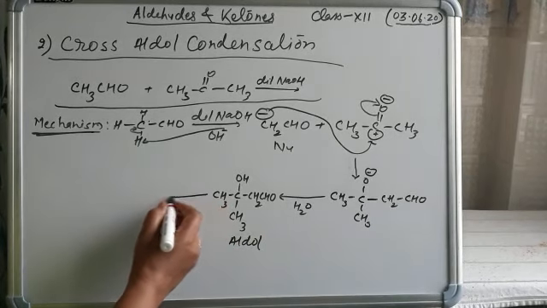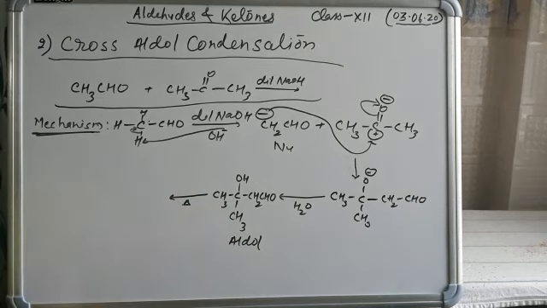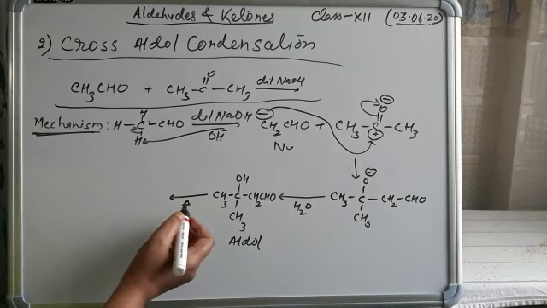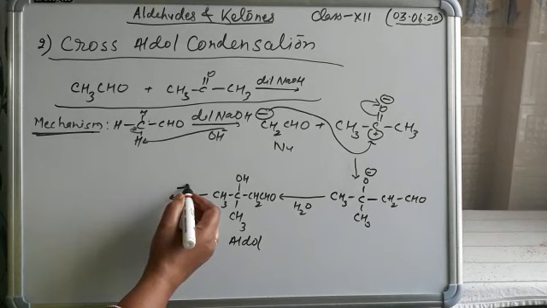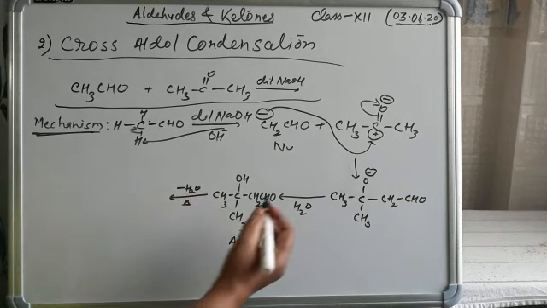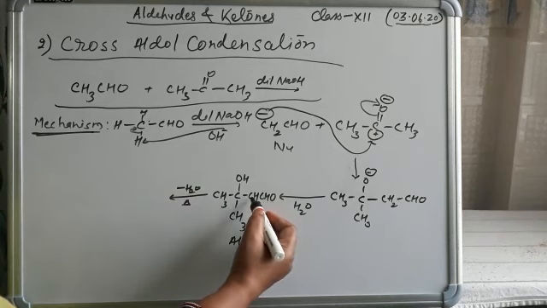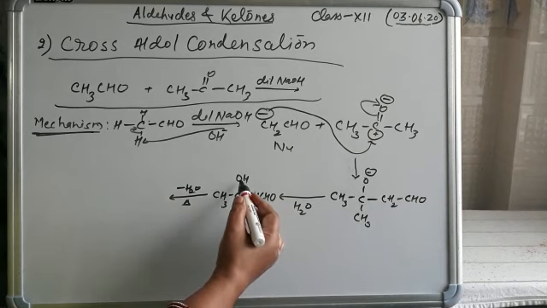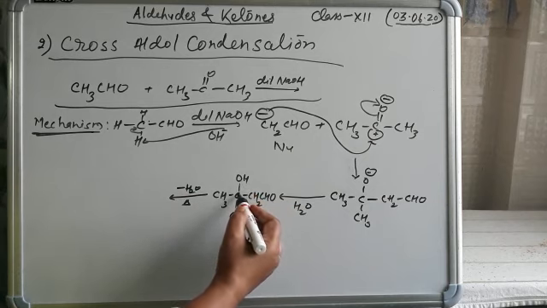When it is heated under mild conditions, removal of H2O takes place: hydrogen from the alpha carbon and hydroxyl group from the beta carbon.